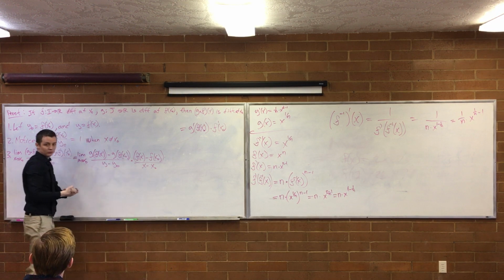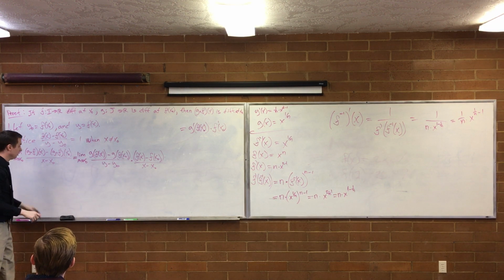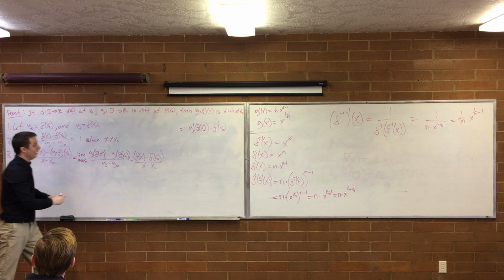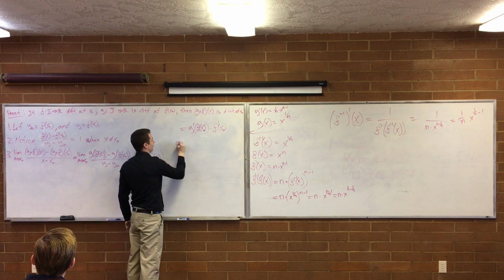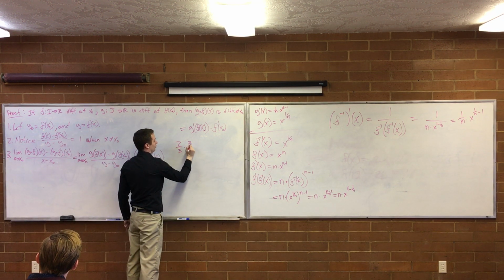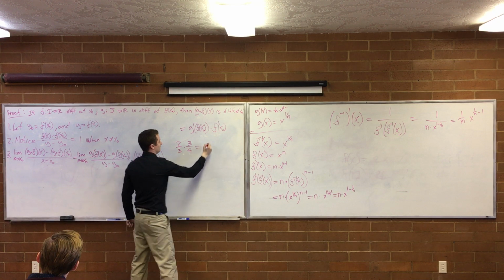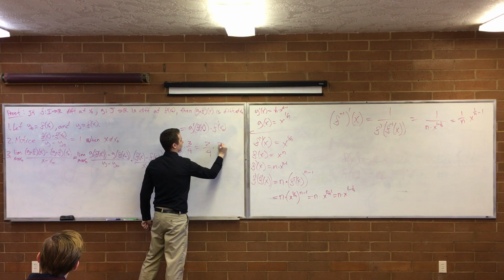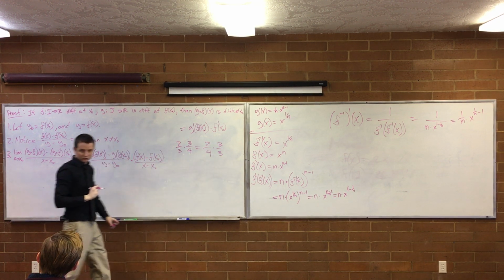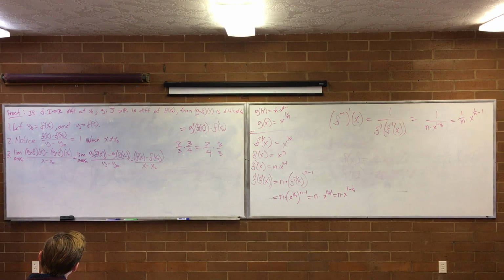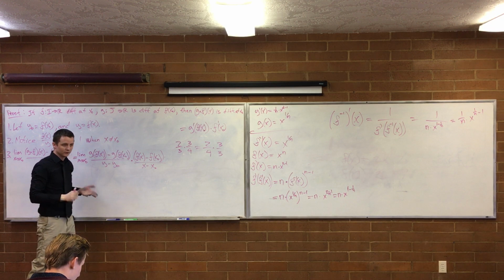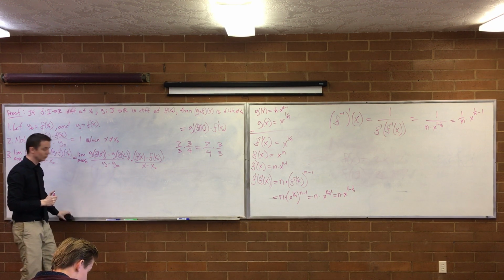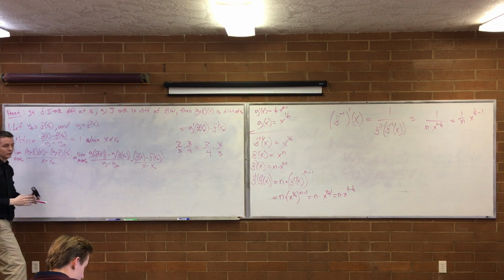Well, it's just a different way of writing it. I can write 2/3 times 3/4 as 2/4 times 3/3. It's still just a product at the bottom. I still just have this times this. Good with everything I've done so far?